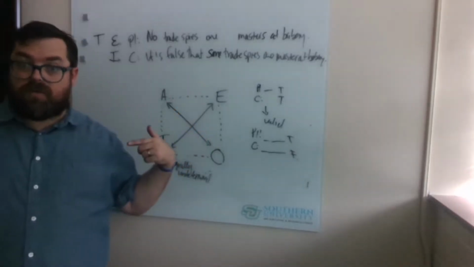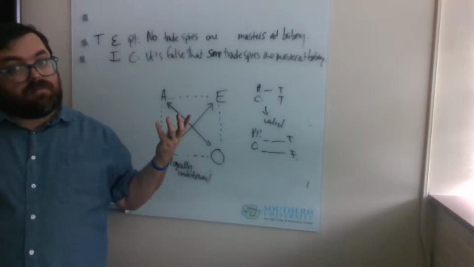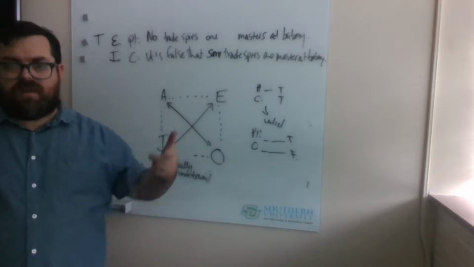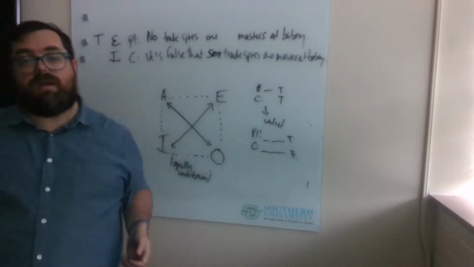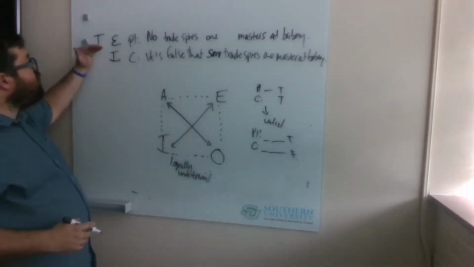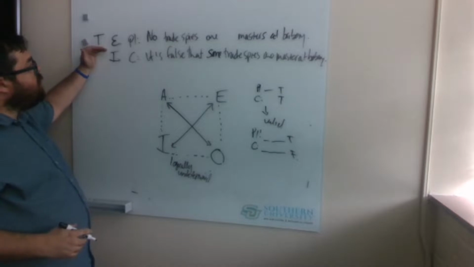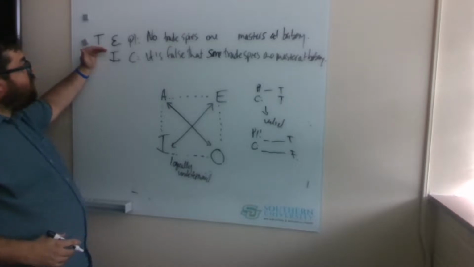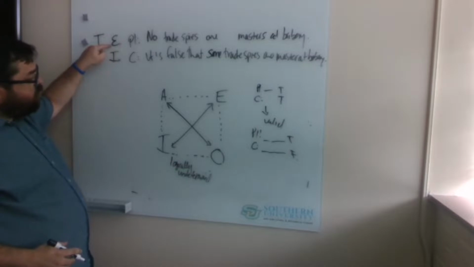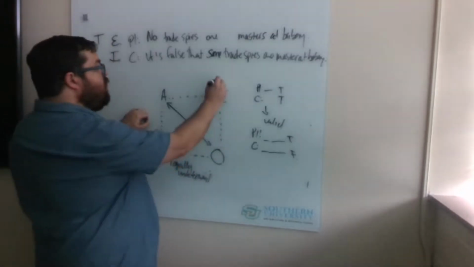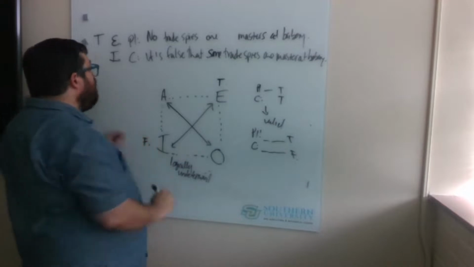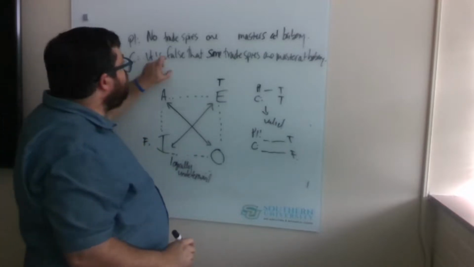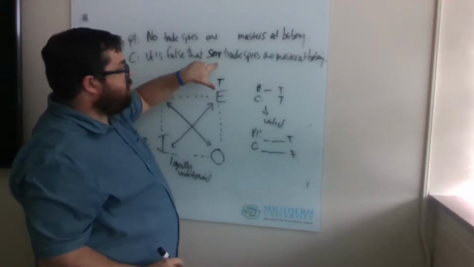If we get a false conclusion, it's what? Invalid. If we get true, we know that it's what? Valid, right? So I assume this whole proposition true. And so if E is true, I is what? False.